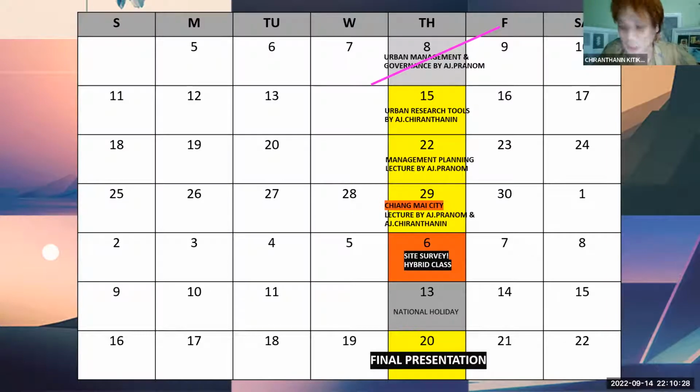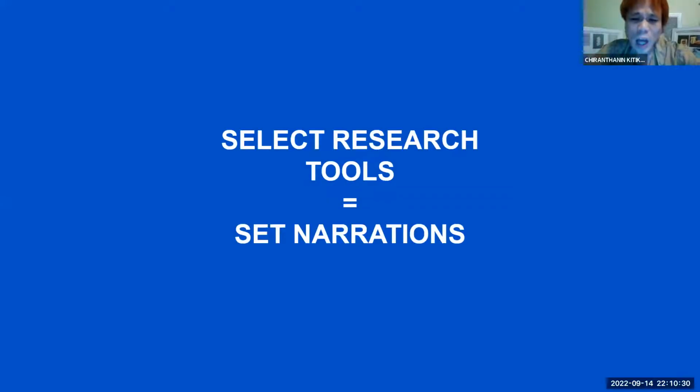Okay. So right now, we've been talking about research tools, and you have to choose a research tool as your methodology, and the research tool sets your narrative, right? If you want to develop the country, if you want to solve some problems, you have to choose the right tool to set your own narrative.